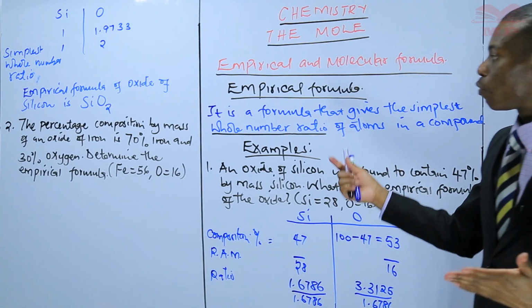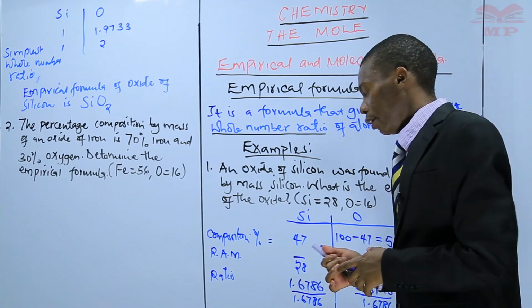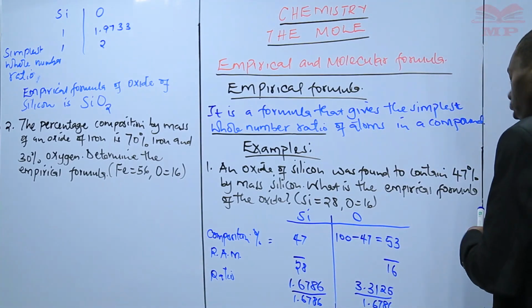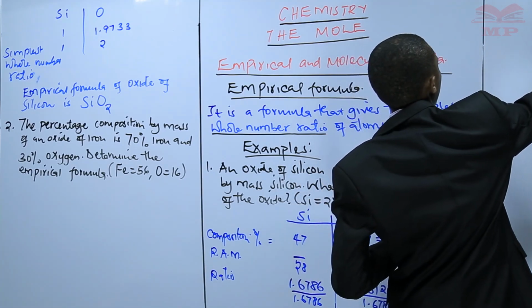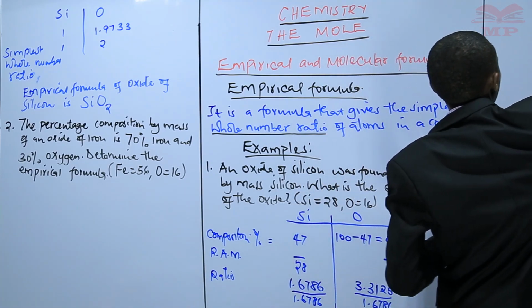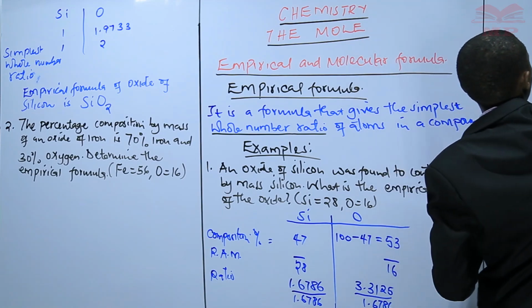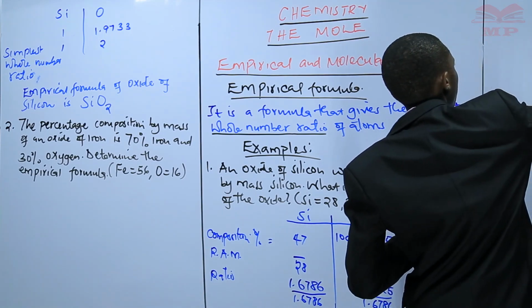Then determine the empirical formula. In this case you have iron and oxygen combining.